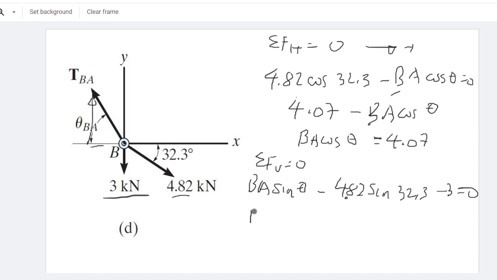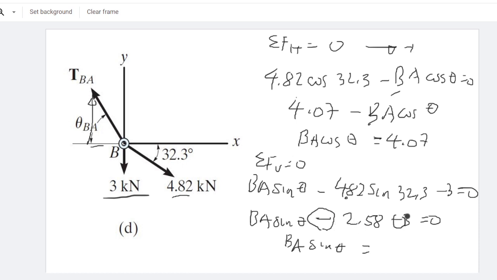So BA sine theta minus 4.82 times sine 32.3, which is 2.58, minus 3 equals 0. Or we could write BA sine theta equals 5.58. We can say this is equation 1 and this is equation 2.